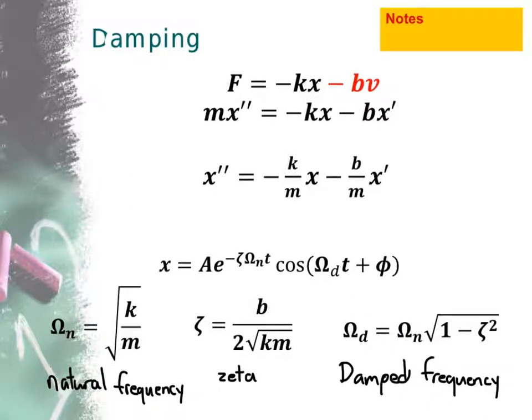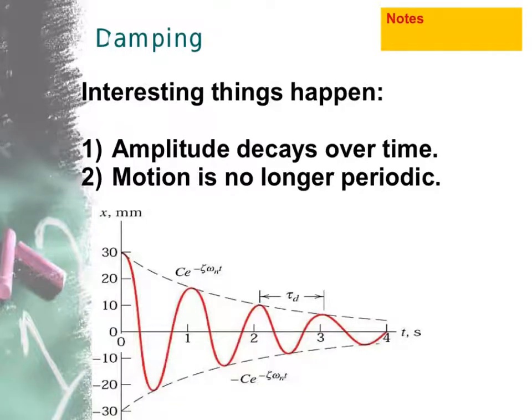So just the act of putting this piston in there has done some really interesting things to the motion of our mass. What are some of these interesting things? Well, first of all, we know that the amplitude of our motion now decays over time.